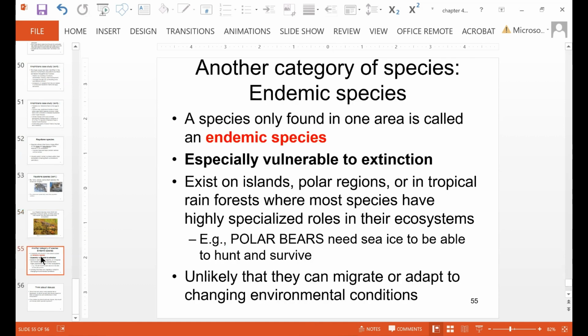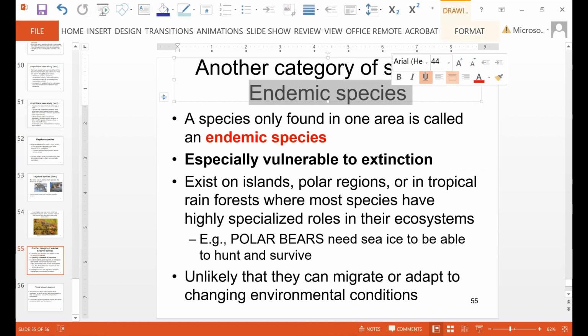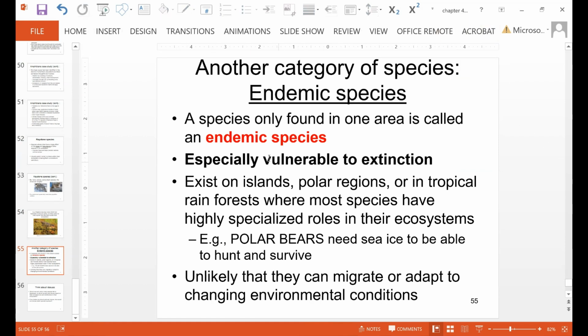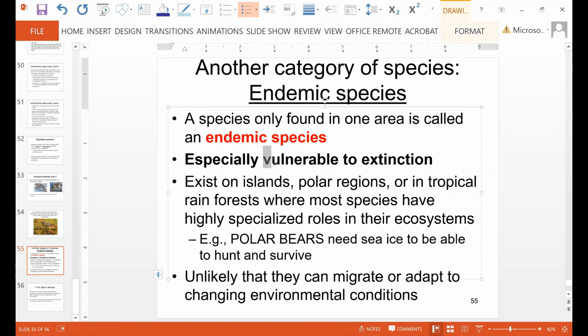Another category of species is an endemic species. These are species only found in one area. Endemic species are especially vulnerable to extinction. They may exist on islands, in polar regions, or in tropical rainforests, where most species have highly specialized roles within their ecosystems.